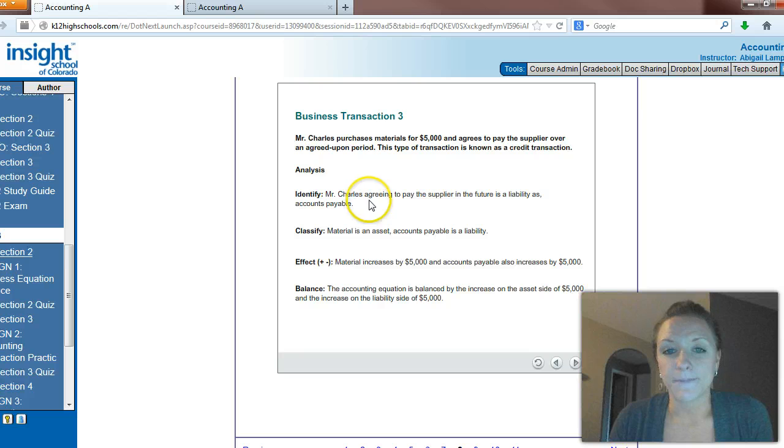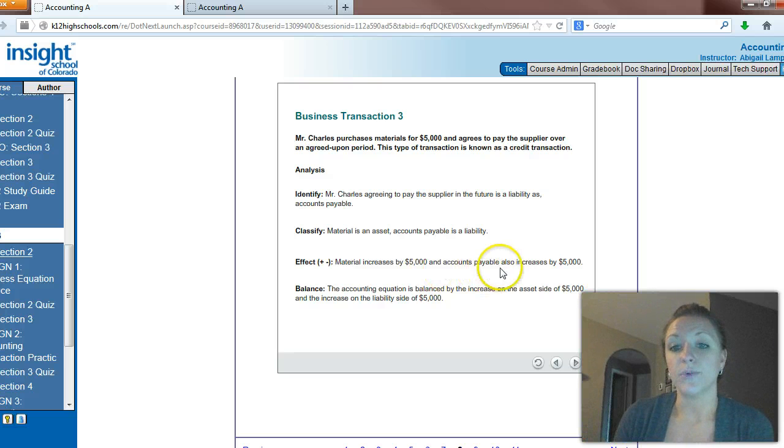So Mr. Charles agreed to pay the supplier in the future, so this makes it a liability because he owes that $5,000. So we have material, which is what he purchased. Material is an asset. And then we have accounts payable, so what we owe is a liability. So this is going to increase our materials by $5,000 because that's what we purchased, $5,000 worth of material.